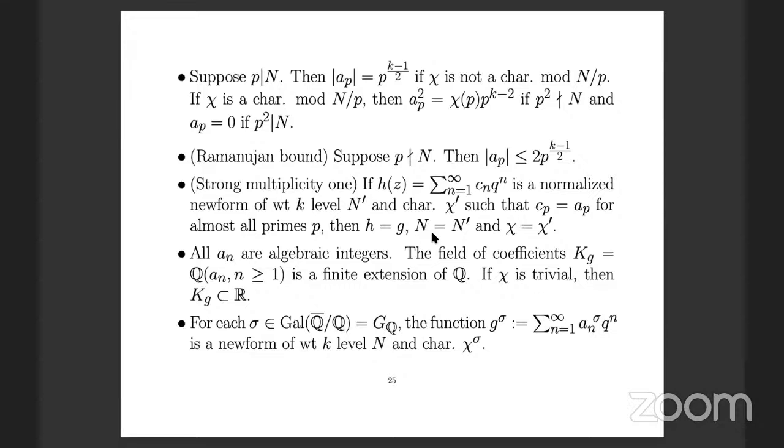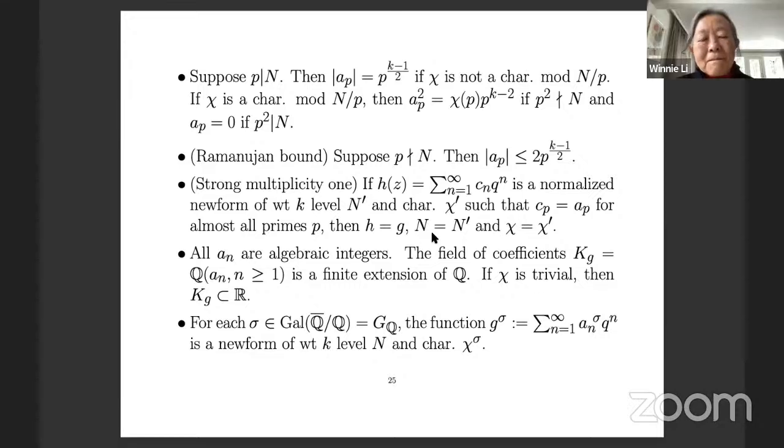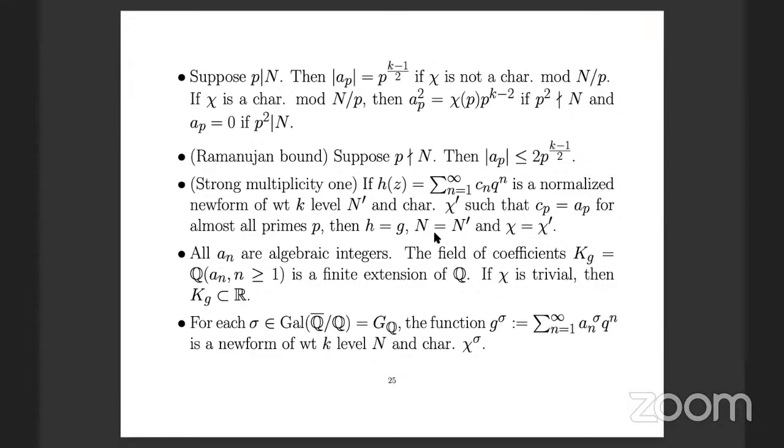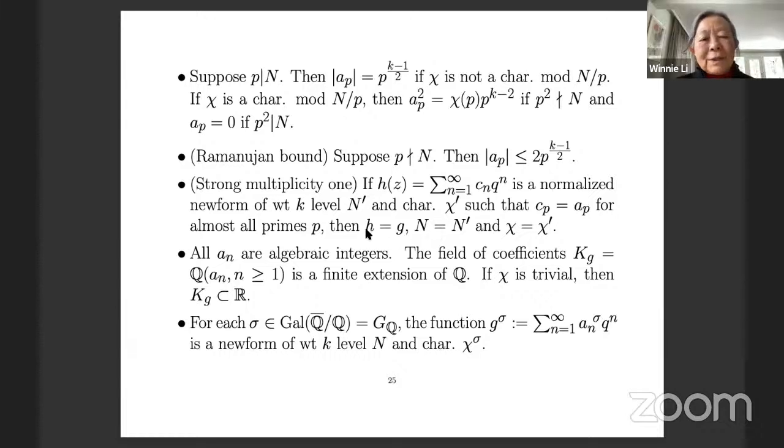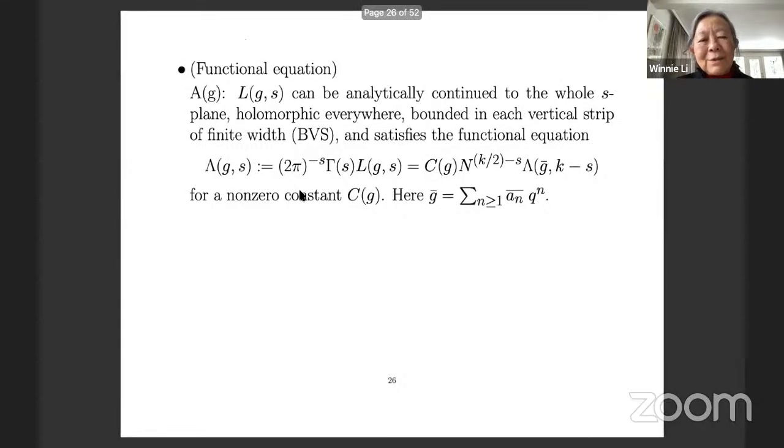May I ask a question? Yes, please go ahead. In strong multiplicity one, you also assume that h has the same weight as f, right? What if we take a different weight? For different weight, the functional equation will have a different type, and also the Fourier coefficients are of different sizes.